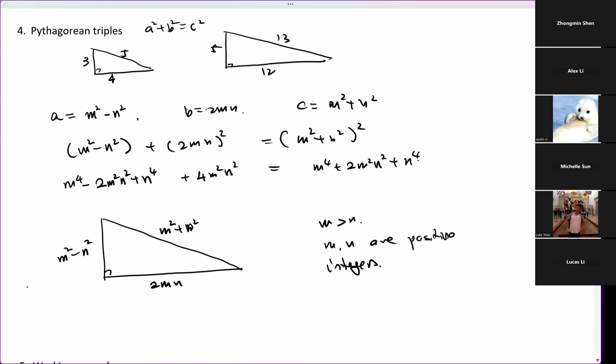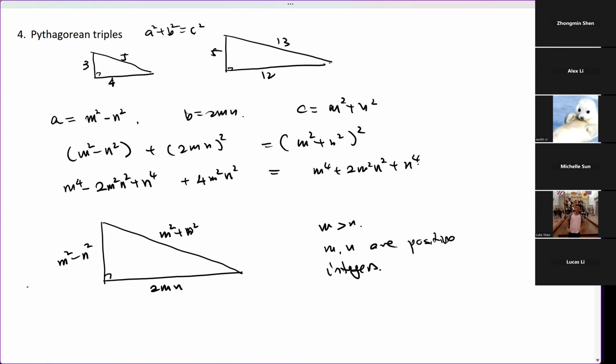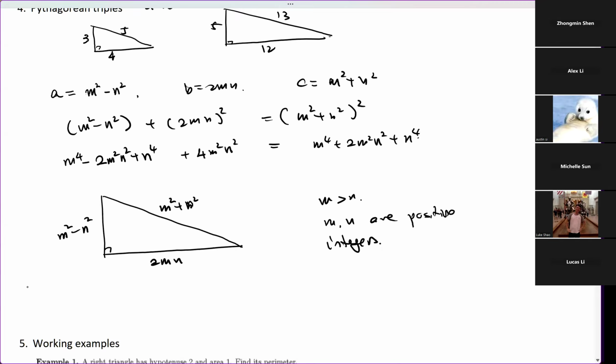And you can choose special values for m and n. For example, m equals 2, n equals 1, right?